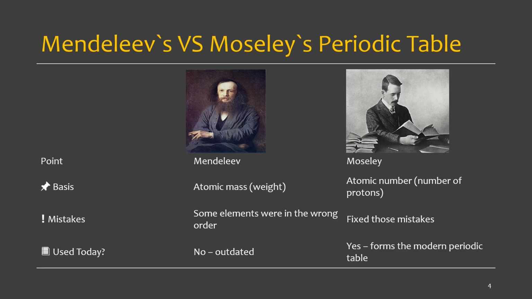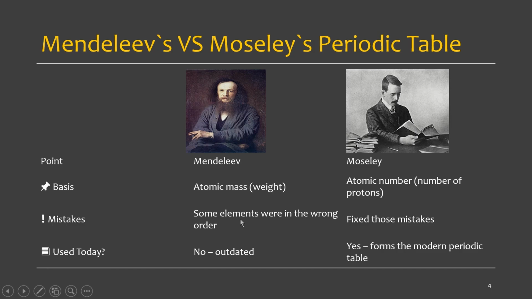Before Moseley, there was another scientist who initiated the arrangement of elements in the form of a table. He was Mendeleev. But there was some difference between these two periodic tables, so let's throw some light on that. Basis: Mendeleev arranged the elements on the basis of atomic mass, and Moseley arranged them on the basis of atomic number.